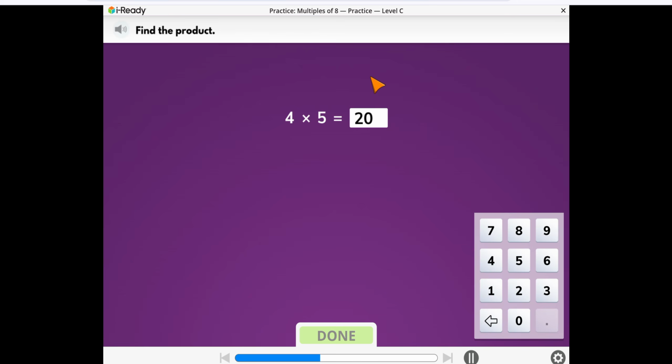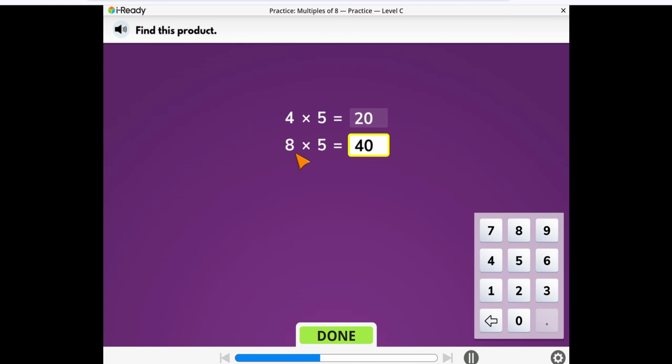Four times 5 equals 20. Find this product. If you do 5, 10, 15, 20, that's 4 times. Now we have to do it 8 times. 5, 10, 15, 20, 25, 30, 35, 40. You know how I know we have to do it that many times?